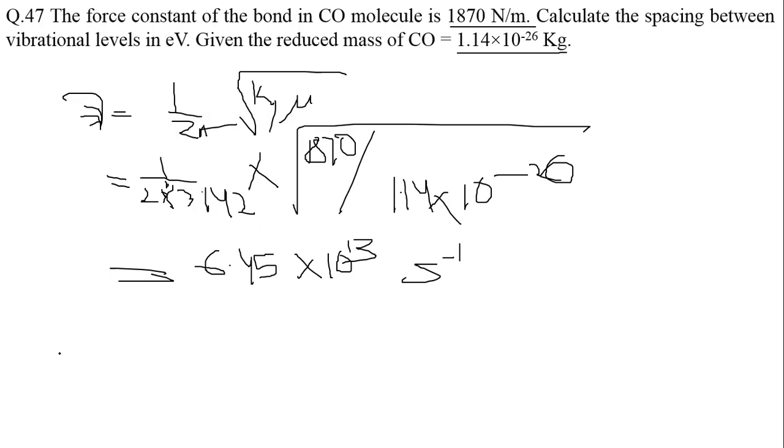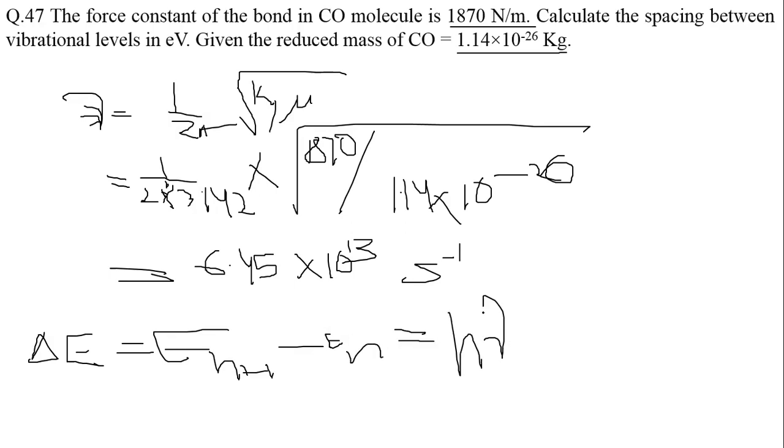So the separation between the two levels, that is delta E, is E n plus 1 minus E n, which is h nu.